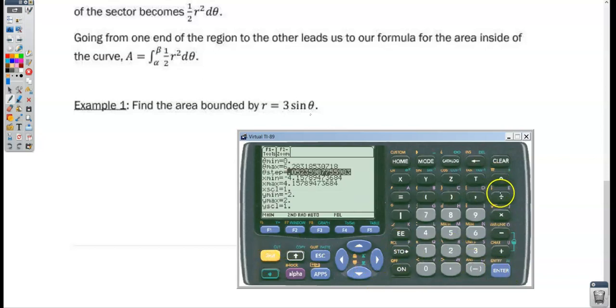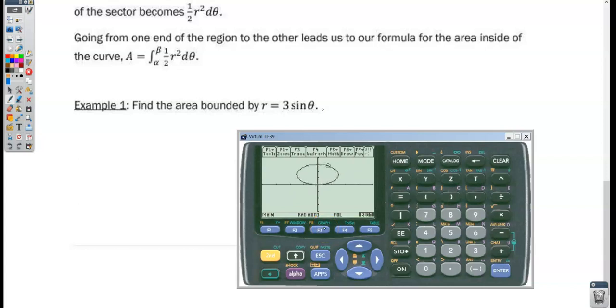And we'll make our theta step pi over 36. And since the radius is 3 here, I know that this curve shouldn't be more than 3 units in any direction. So I'm going to make my graph from -4 to 4 so that I can see the whole thing. Now, it doesn't really matter if I see a perfectly accurate graph here.